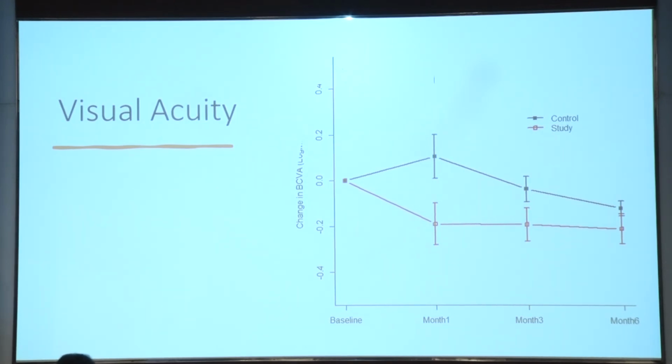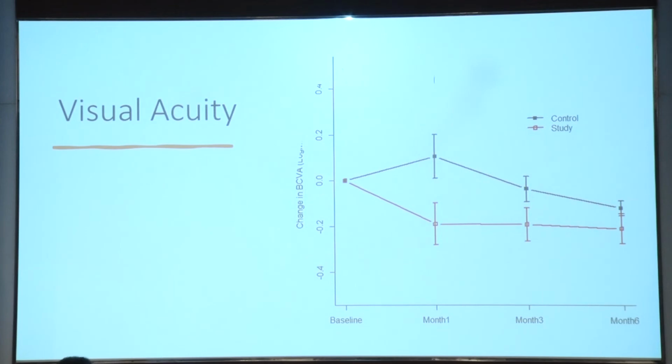Whereas in the eyes which received the dex implant, by the first month itself, the patients had achieved more or less what they were achieving at 6 months. So the recovery of vision is rapid if you do an ERM removal along with the dexamethasone implant.